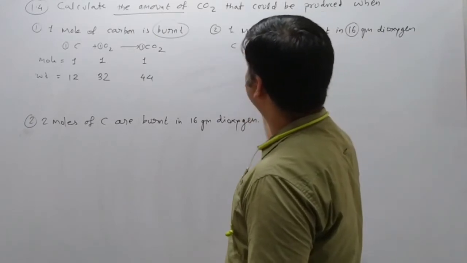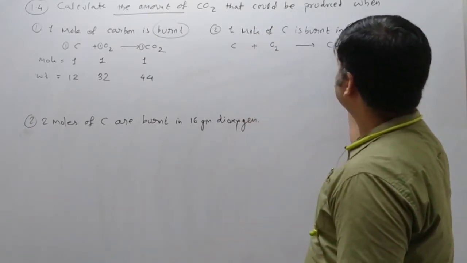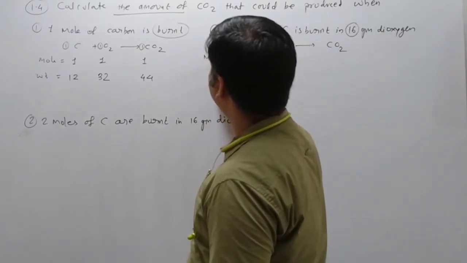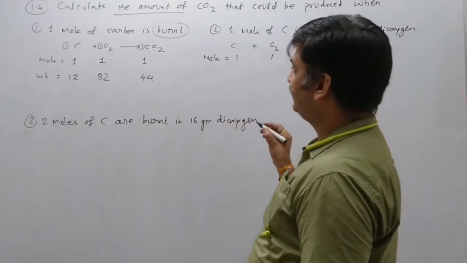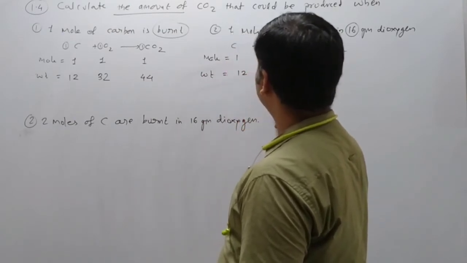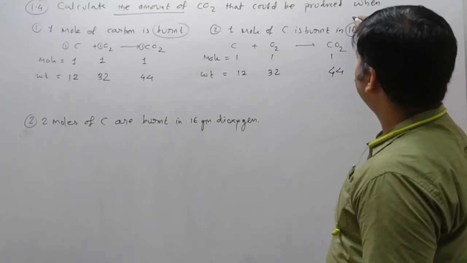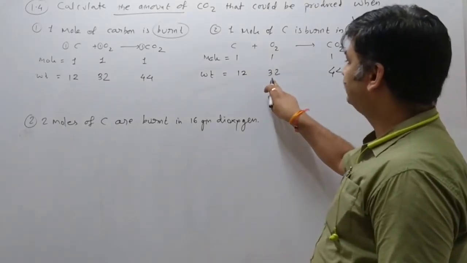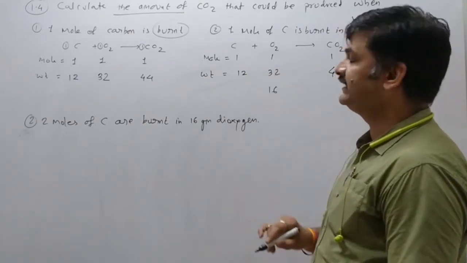Again the same method: C plus O2 gives CO2. Mole is 1, 1 and 1. Again calculate: 12, 32, 44. But here the mass of oxygen will be reduced, 16 compared to 32.